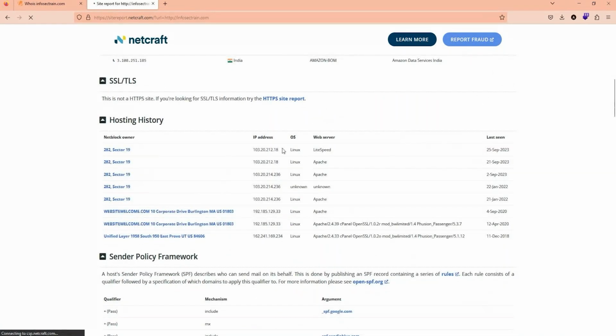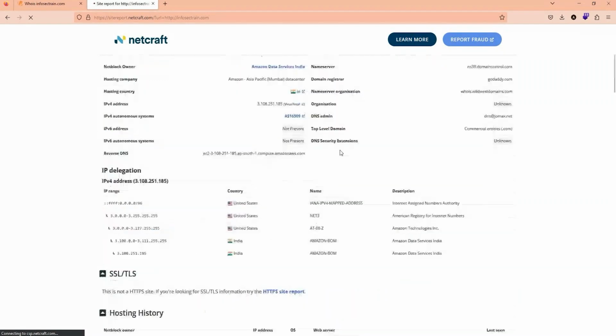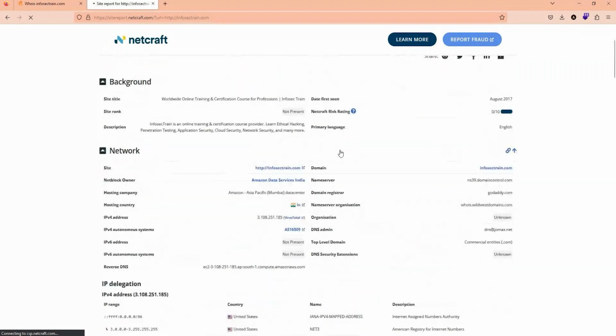Now, it's showing operating system as Linux and web server as Lightspeed. Then, apart from that, the IP address.